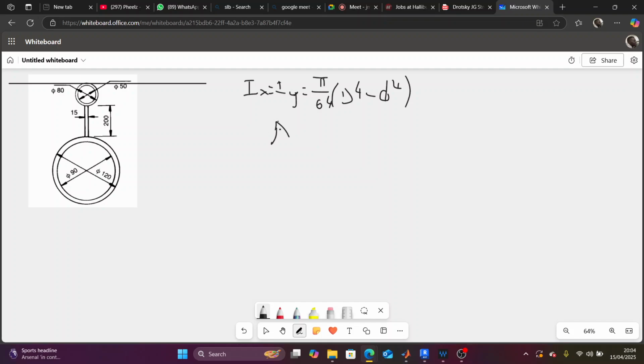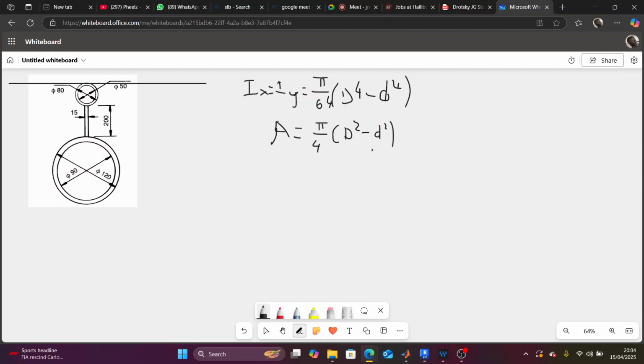The area is pi over 4 times big D square minus small d square. That's how it is done.